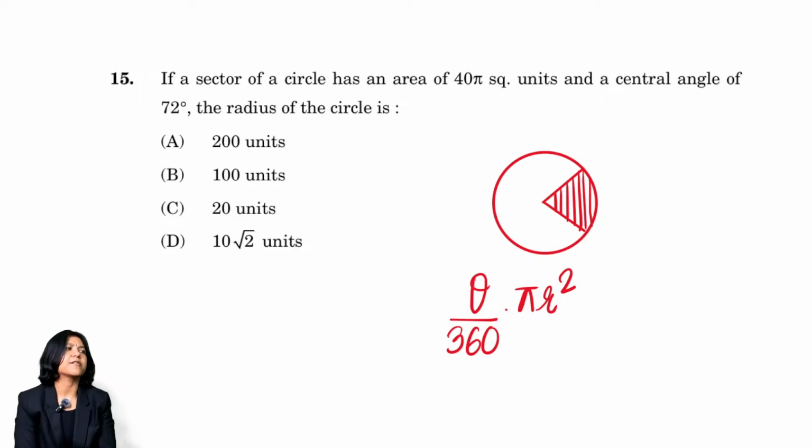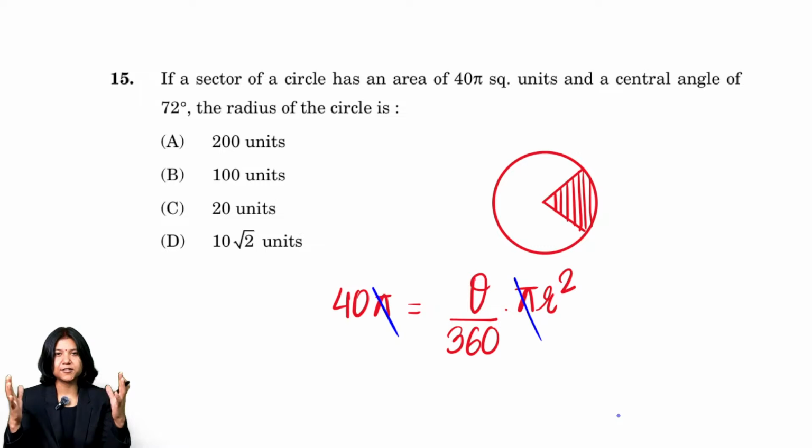Very simple, right? The question has given you that this is equal to 40 pi. This is very simple because when you have pi on both sides, just get rid of it. I like cancelling out things from both sides, it's like getting rid of some burden. You don't have to evaluate the numbers, just get off the load. So you got the answer here, and now because the central angle has been given to me, you are supposed to find the radius.